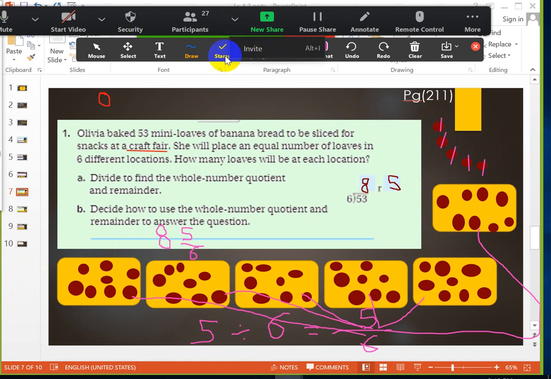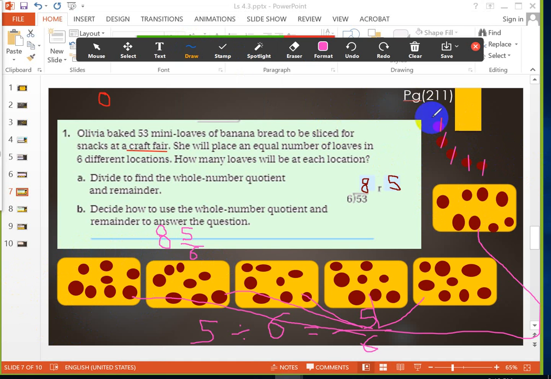If you imagine these 5 loaves, I want to divide that amount of bread. Yes, I know it's A and B, but this is the answer, dear. A and B are the steps that you have to follow to explain or to solve the problem.